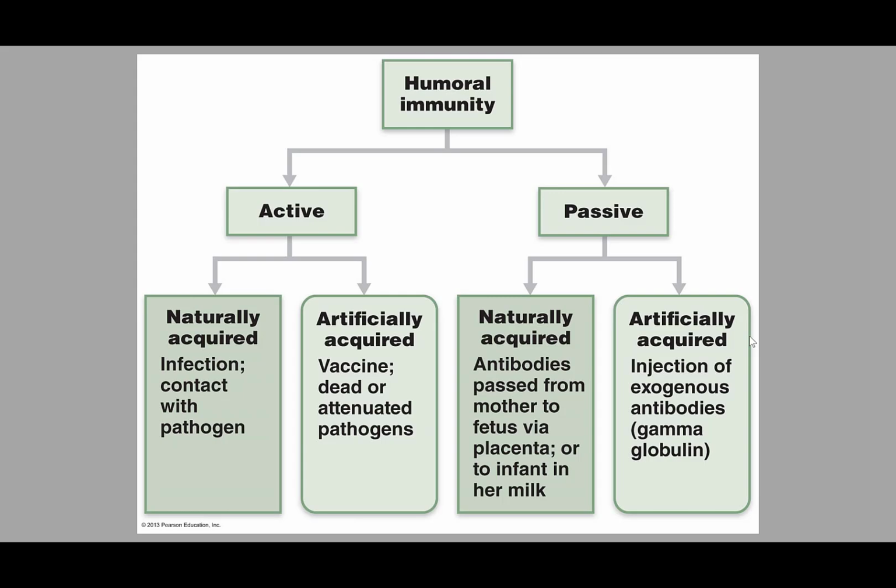Now you have antibodies in your body to fight against that venom. Well, that is artificially acquired. You were injected with it. It is passive because someone or something else made those antibodies.